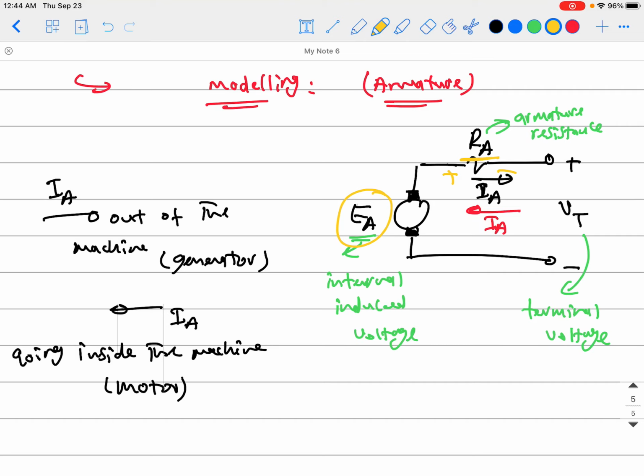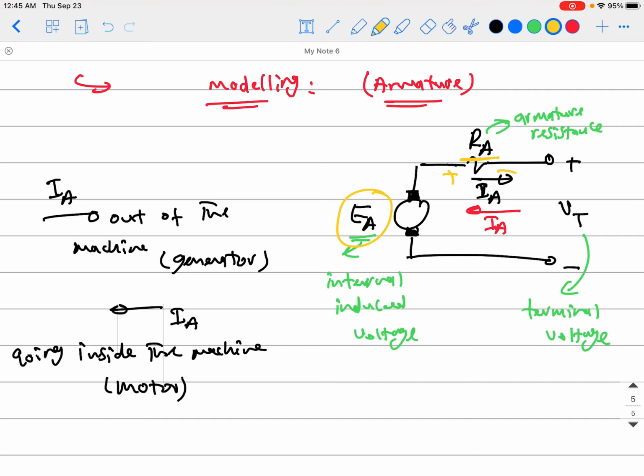The voltage coming from outside the machine connected to the terminals will not be transmitted directly inside the machine, because again you lose some of it as voltage drop over the resistance of the winding. These coils are not ideal, they have a resistance.